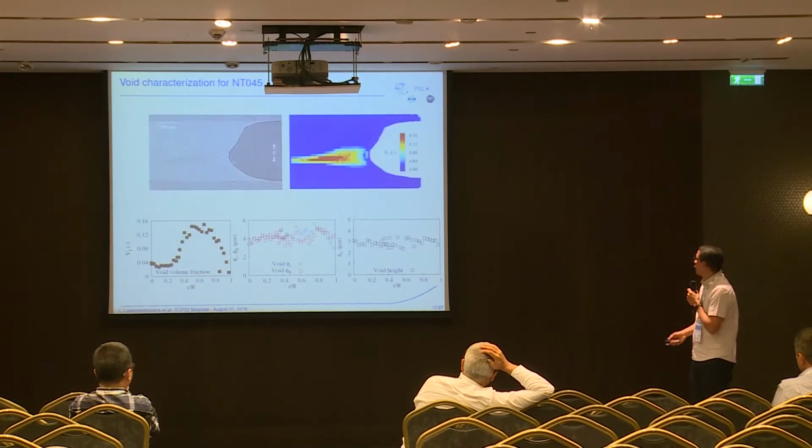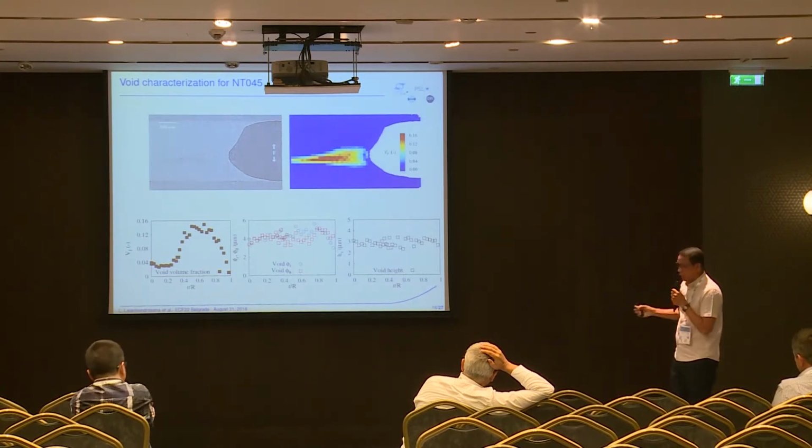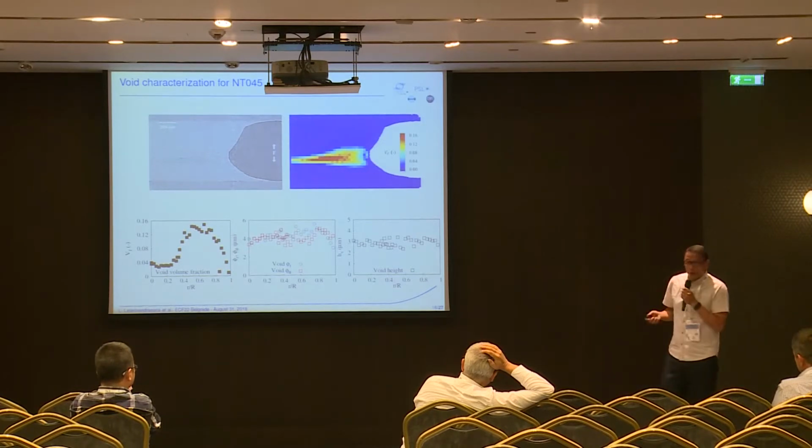What happens for the NT0.5? Here is the data set from the tomography. This is an experimental measurement, a contour map, where we can see the size of the SVOI and map it.